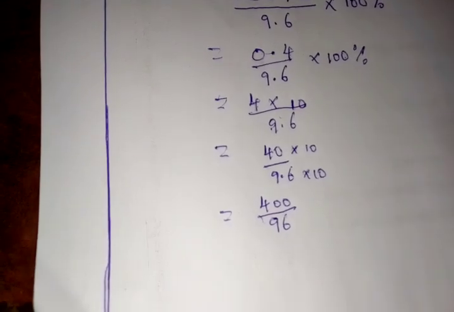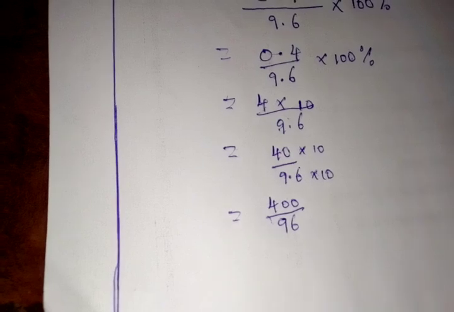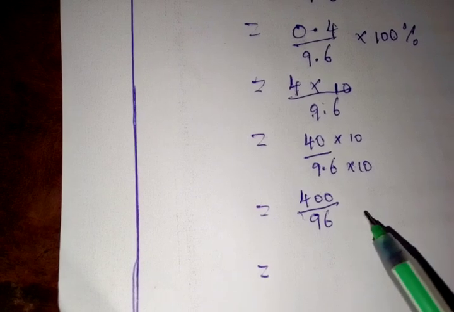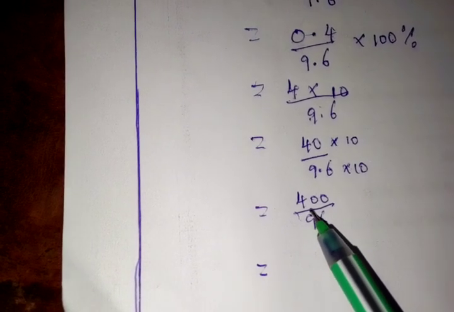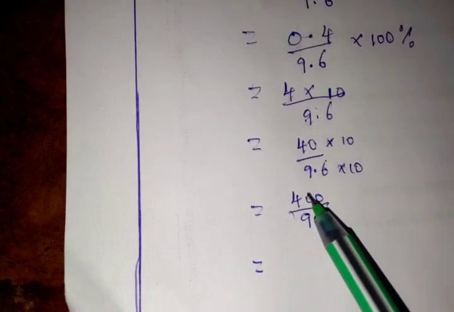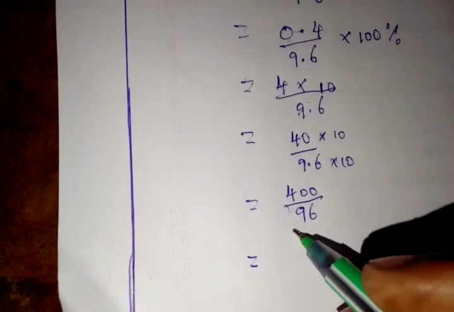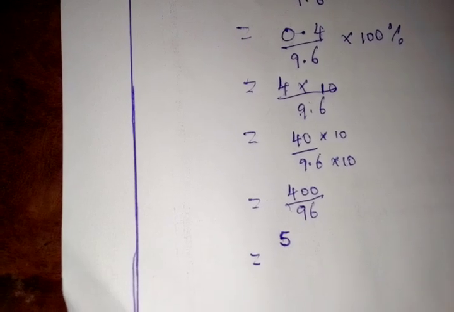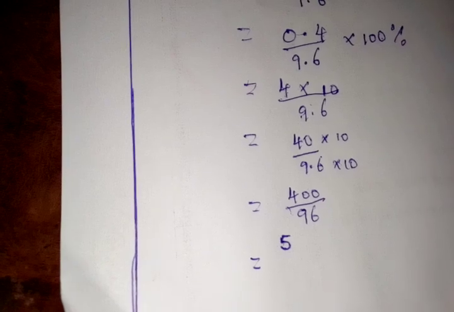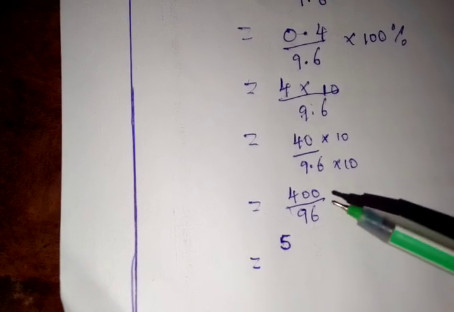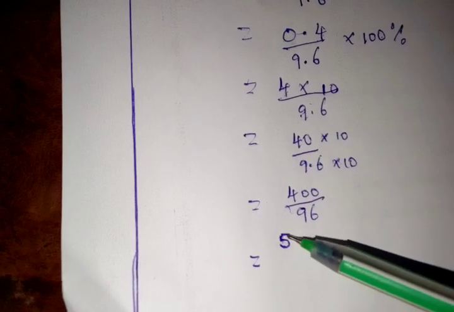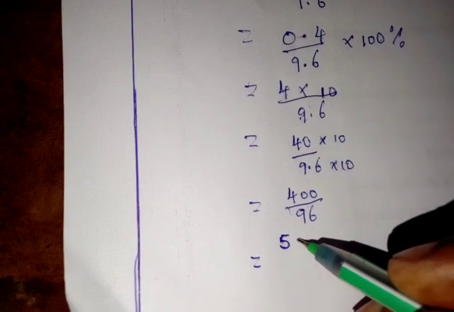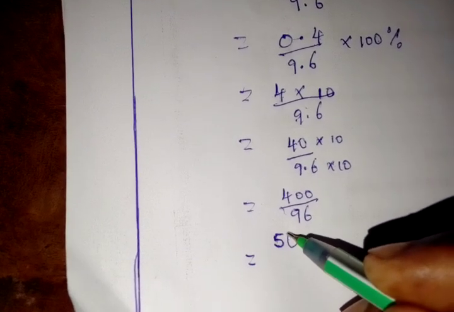Here you check if there's a common factor which can go into both numbers without leaving a remainder. So we divide by 8 on both sides. 8 into 40 goes 5 times, so put 5 here. Here we are dividing in bits because the numbers are too complex. 8 into 40 goes 5 times, then 8 into 0 is 0, so 8 into 400 goes 50 times.